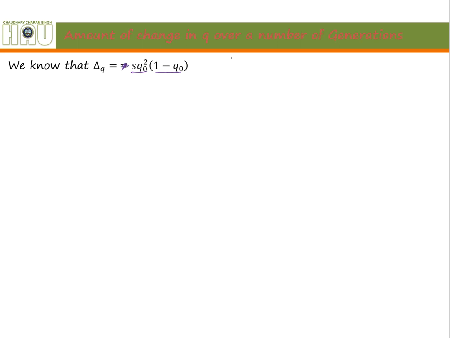For all practical purposes, I will use this change. Now this delta Q can be written as dq by dt, a differential equation, where t denotes the time as measured in units of generation.